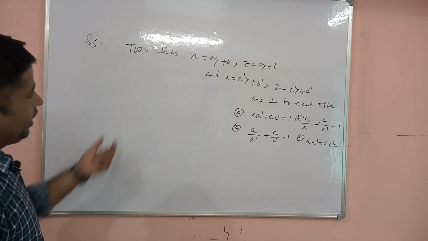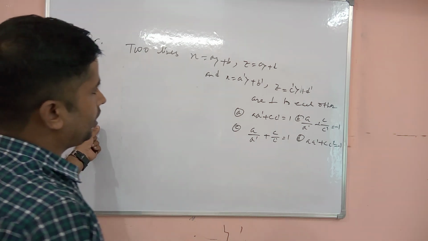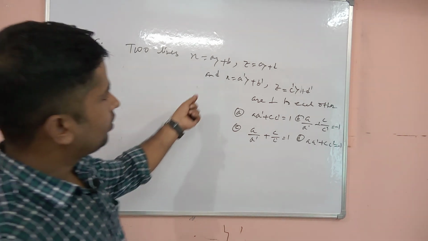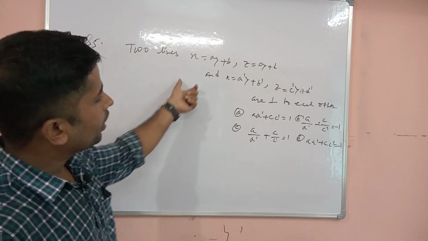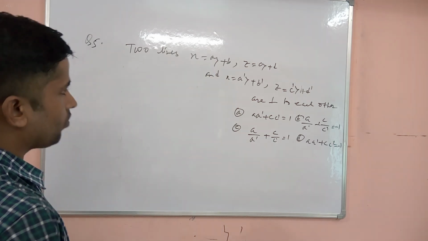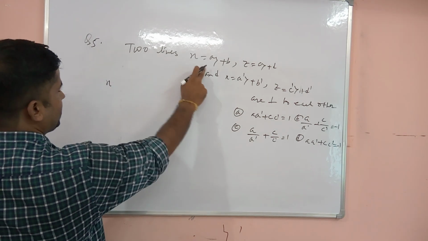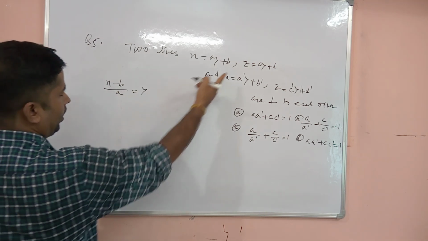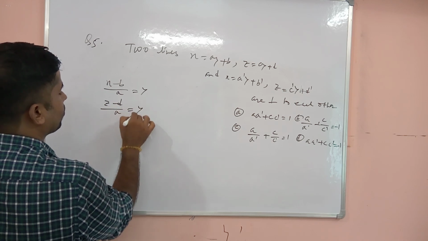Okay. So it is a basic question based on the information given. I shall evaluate the sum. Let's see. As it is not in symmetrical form, our first task would be to convert it into symmetrical form. Let's see how to do it. x is equal to ay plus b implies x minus b by a is equal to y, and z is equal to cy plus d implies z minus d by c is equal to y.